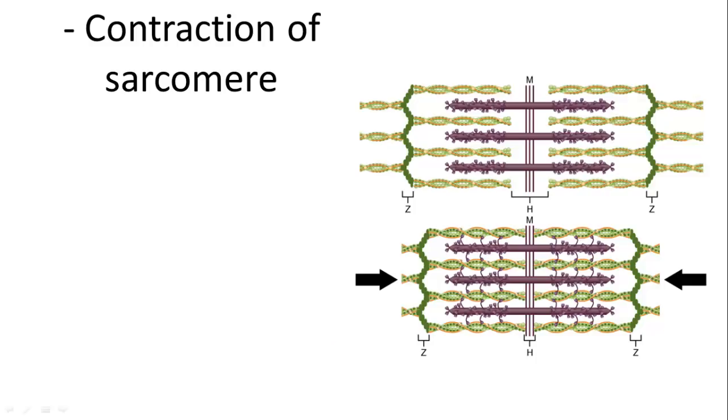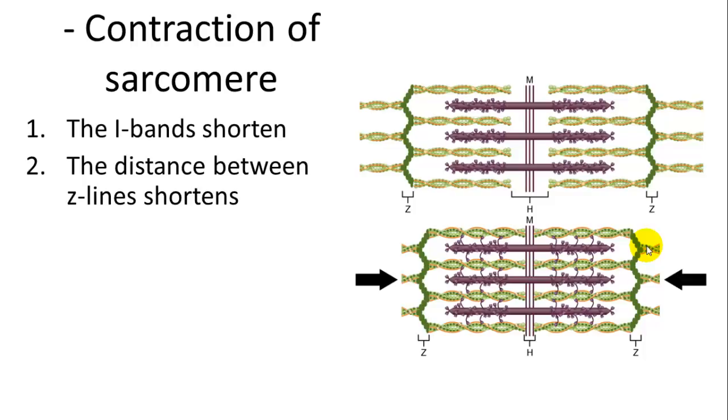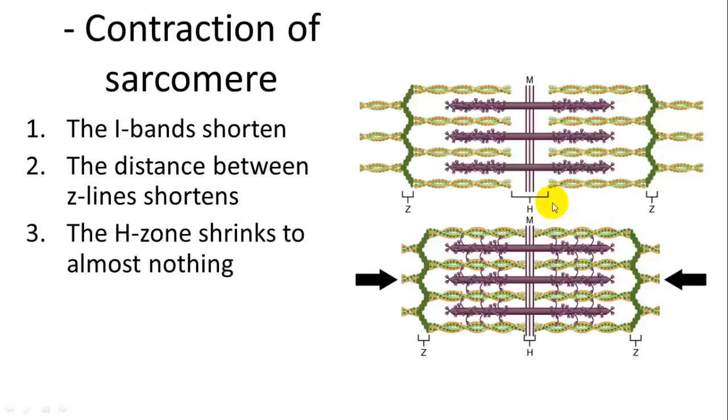When the sarcomere contracts, what happens is the Z lines are going to come closer together. You also see the I bands shorten. The distance between the Z lines shortens. The H zone shrinks to almost nothing.